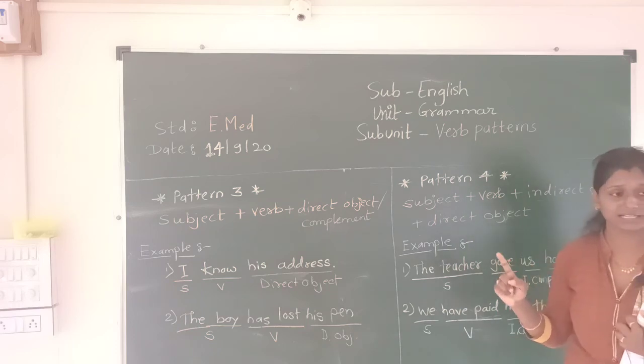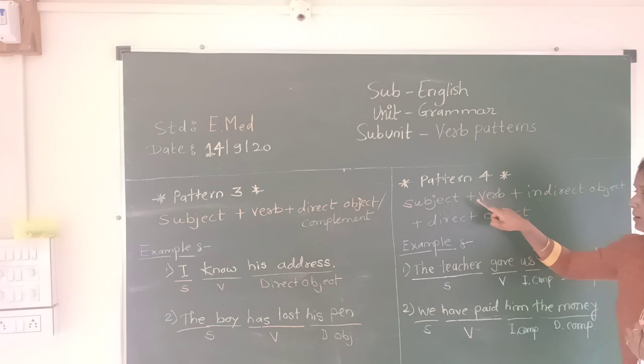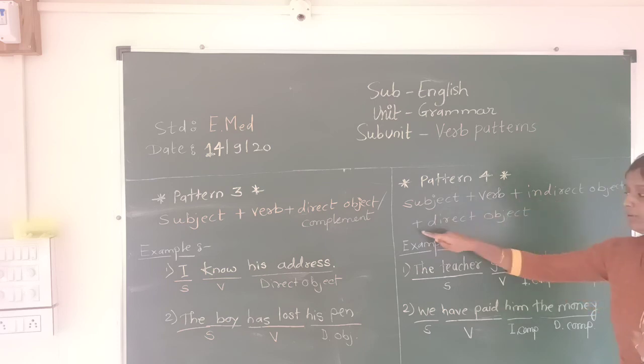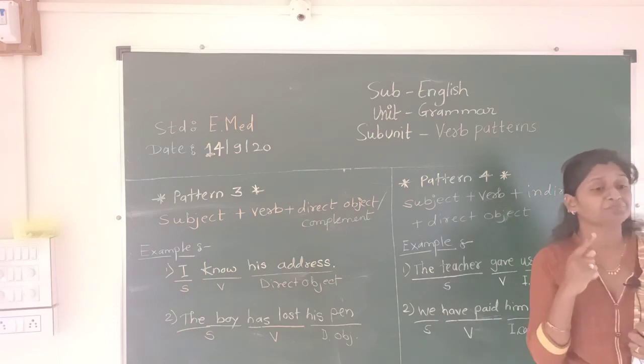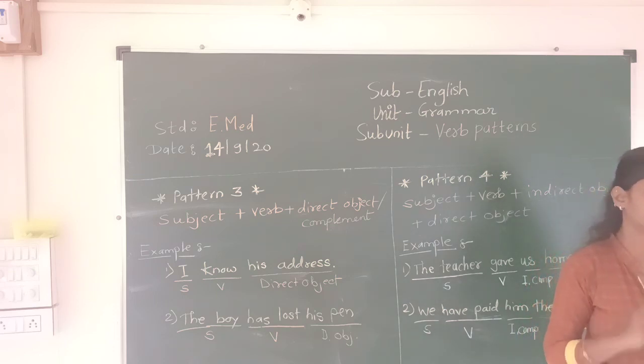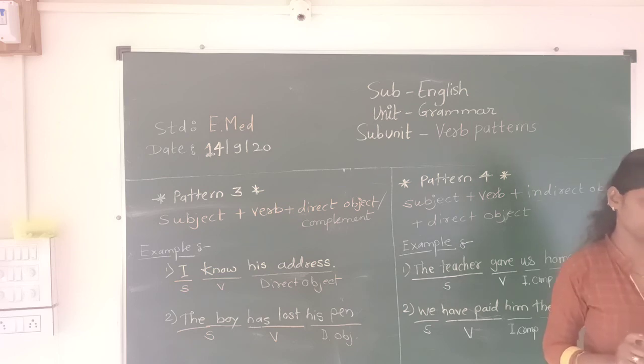The structure of the sentence in pattern 4 will be subject plus verb plus indirect object or indirect complement plus direct object or direct complement. In pattern 4 also, if there is necessity, then use an auxiliary verb and preposition.